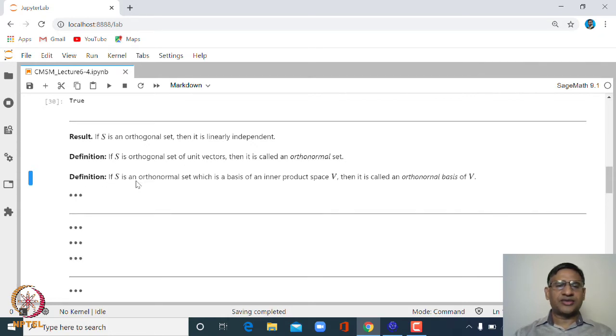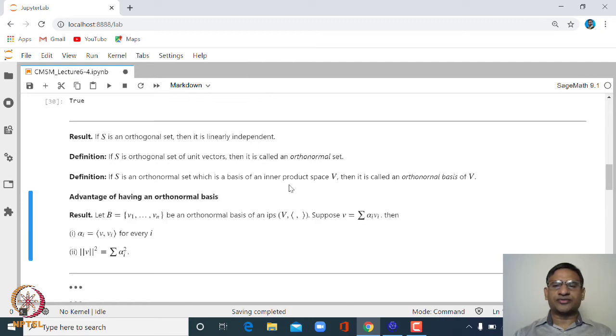And in case you have an orthonormal set which is also a basis of the inner product space V, then such a basis we call an orthonormal basis. Now, what is the advantage of having an orthonormal basis? Let us just look at it.